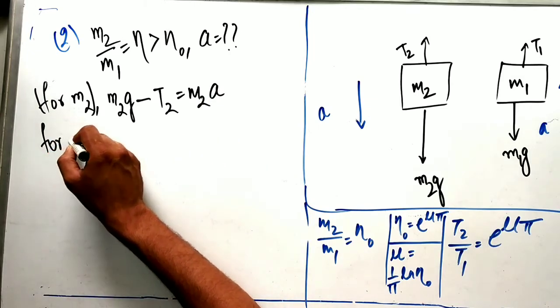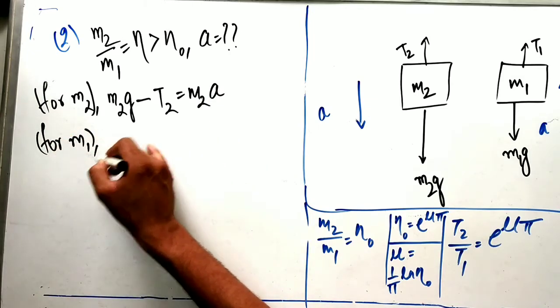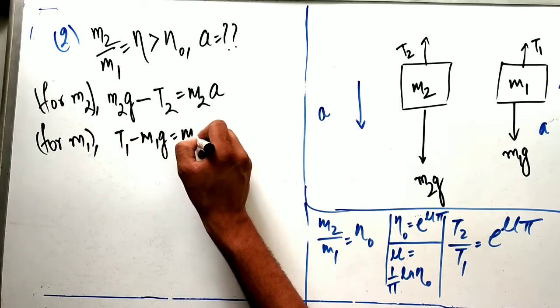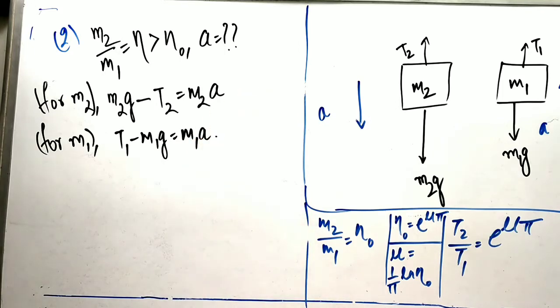For M1, T1 minus M1g is equal to M1a. We know that T2 by T1 is equal to e to the power mu pi, and e to the power mu pi is equal to eta naught. This gives us T2 is equal to eta naught times T1.